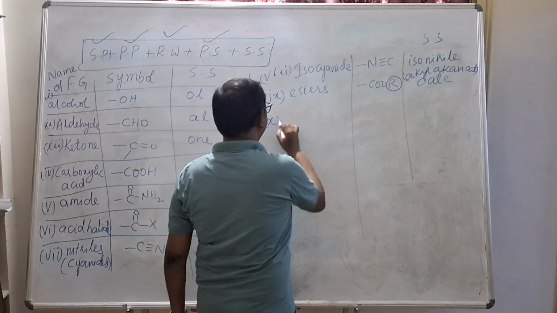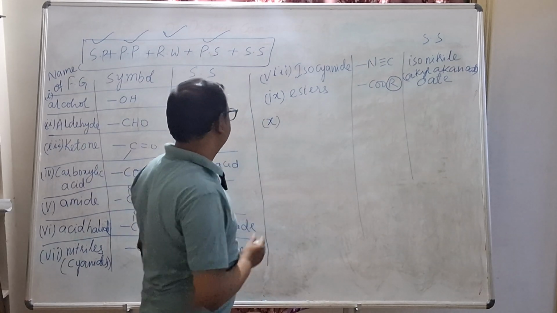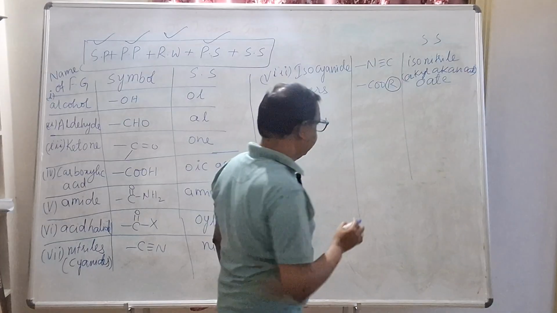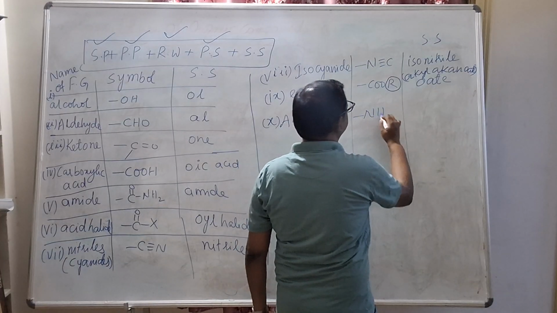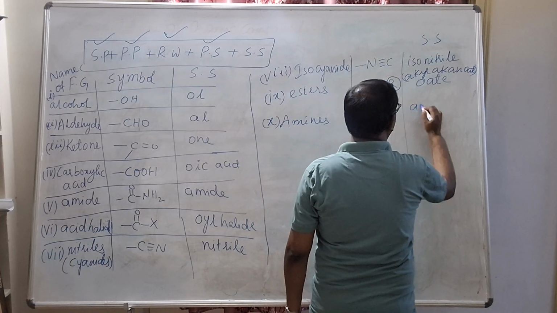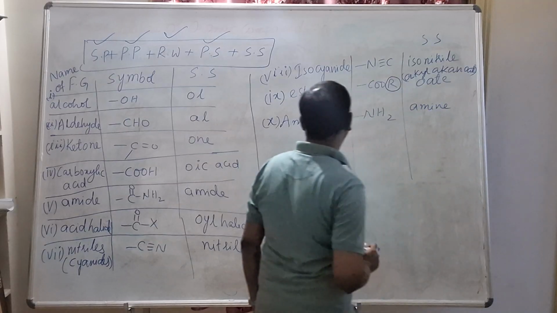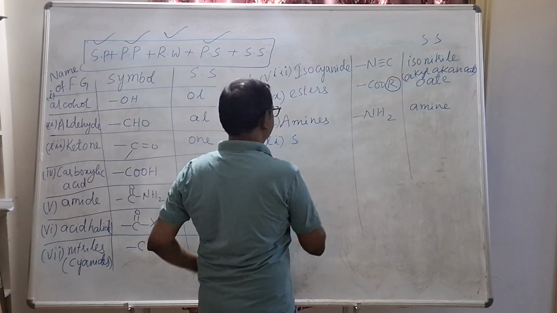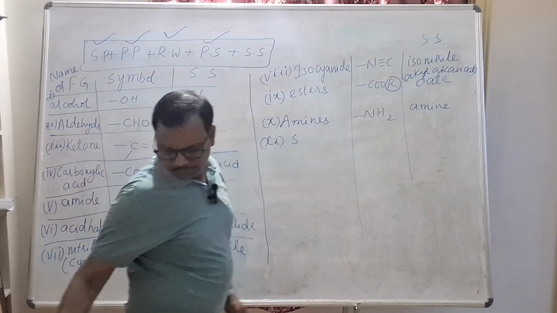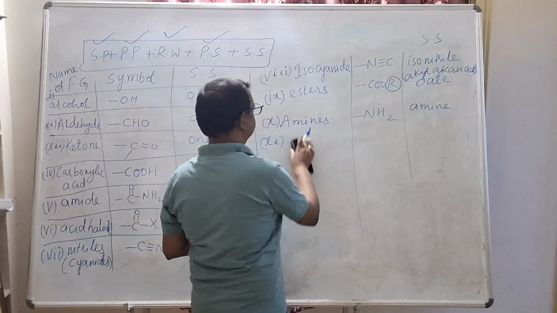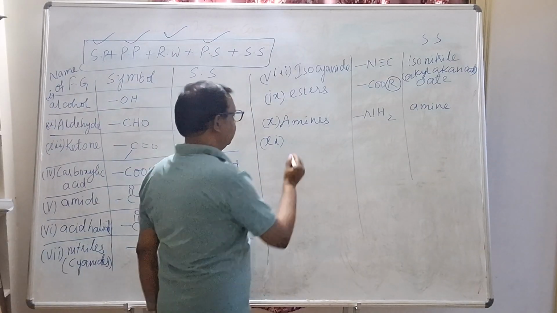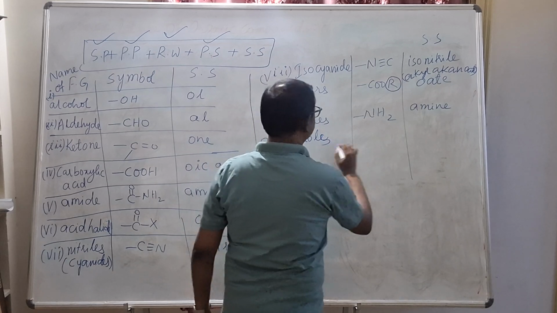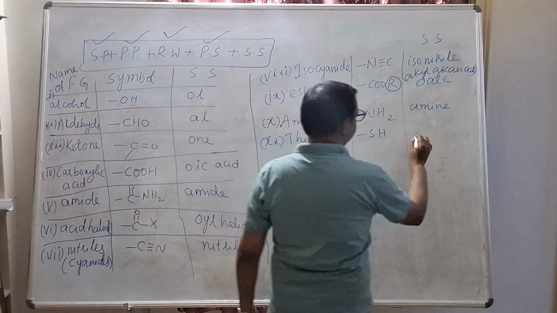Next, the tenth one is amines. Amines can be written as NH2; amine only. The eleventh one is thiol, SH. Thiols means SH; here it is thiol only.